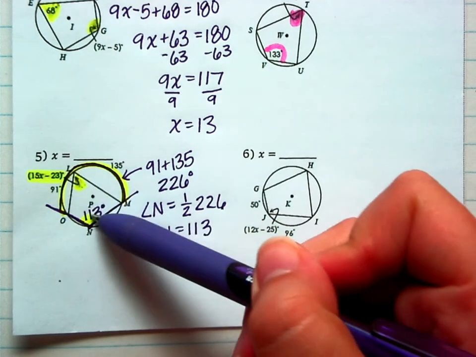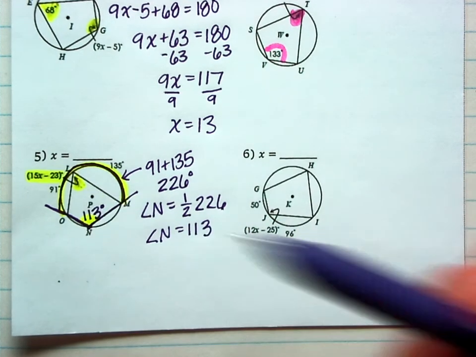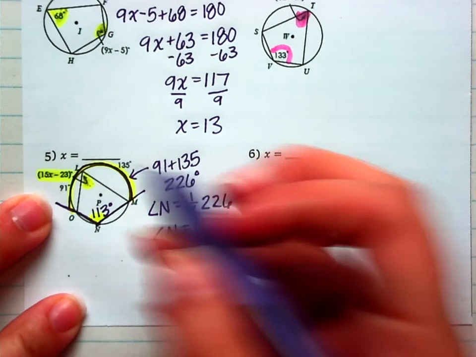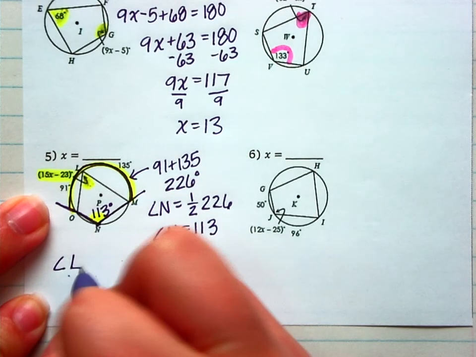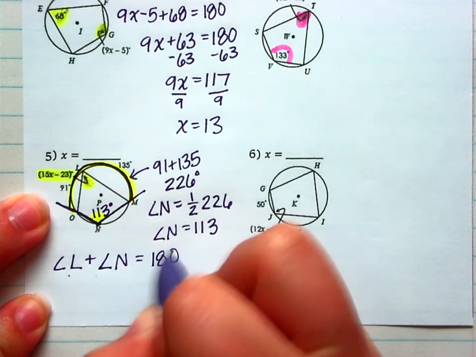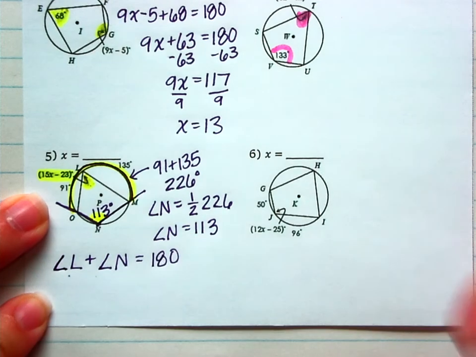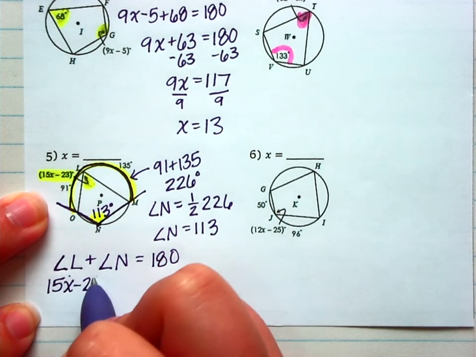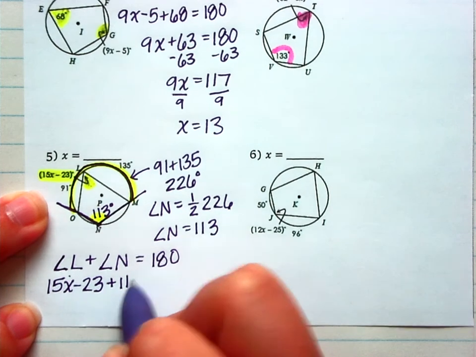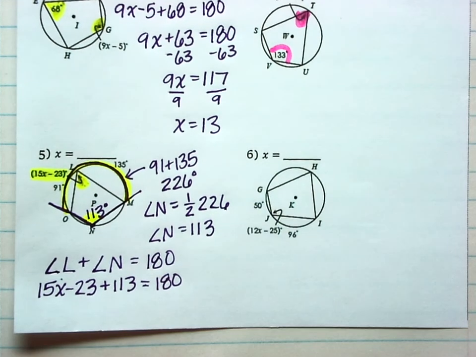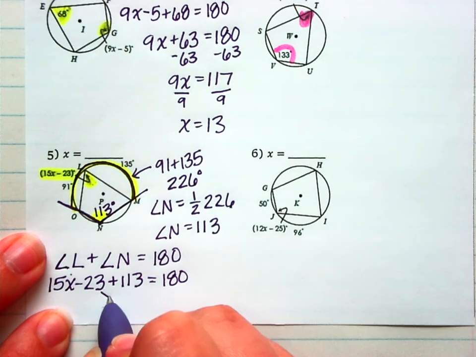Okay, that was basically step 1, figure out the opposite angle. Now we have the angles across from each other. We know that they add to 180, and that's how we will solve for x. So angle L plus angle N will equal 180. So we have 15x minus 23 plus 113 is equal to 180. So again, combine your like terms.